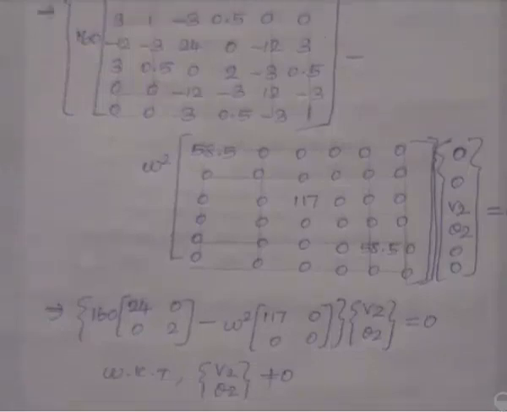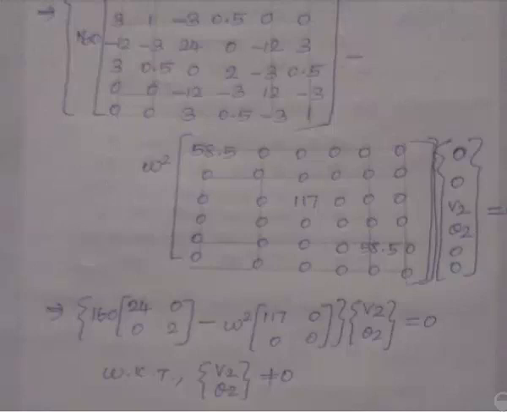The remaining values: 160 times the 2 by 2 stiffness matrix, minus omega square times the simplified mass matrix 117, times V2, theta 2, equal to 0. Now there are 2 terms in multiplication format which is equal to 0, so one of the two terms must be equal to 0.